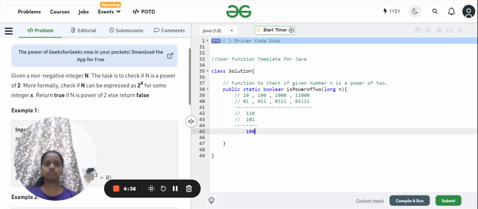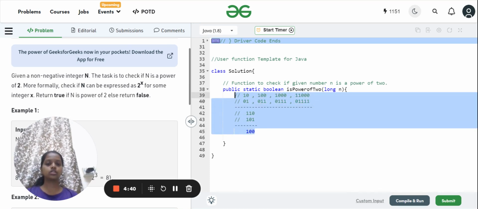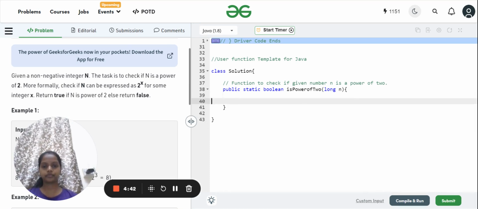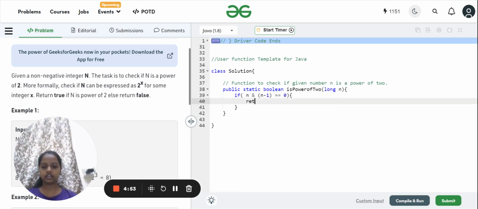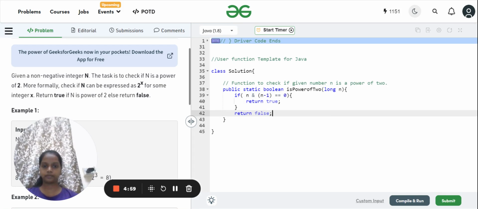It is not 0, right? It is a non-zero number, so we are returning false. So this is the first approach using bit manipulation. What we are doing is n AND n minus 1. If it is 0, then we are returning true. If it is not 0, we are returning false.